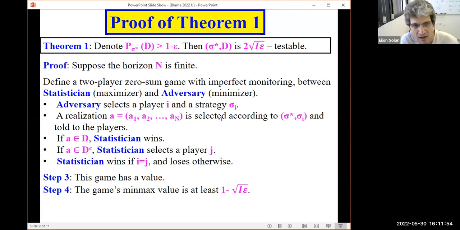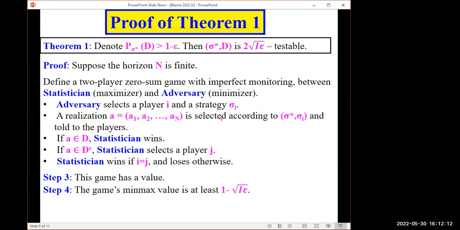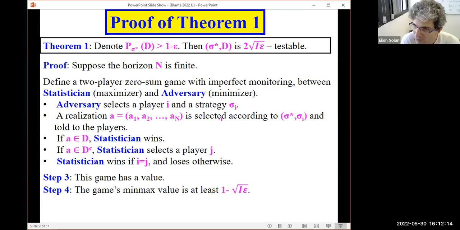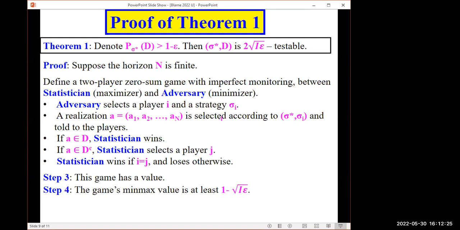Because if each player has 2 actions, then the set of strategy profiles in each stage is 2 to the power the number of players, and then you have to take that to the power n to see the number of realizations. So the game is quite large. So to actually run those algorithms, this might be problematic. Okay, I see. Thank you. Yeah, sure.